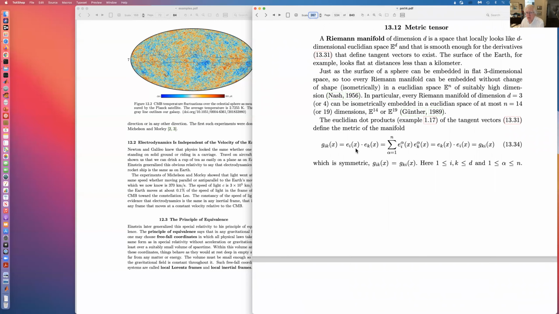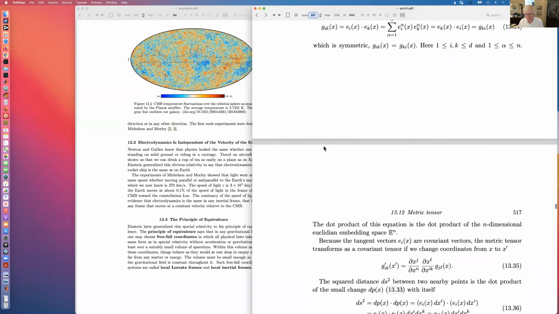But more generally, if what we're talking about is a d-dimensional Riemann manifold that can be embedded in n dimensions, then we have to sum over all n coordinates of the basis vectors, and i and k run over the d dimensions of the manifold in question.